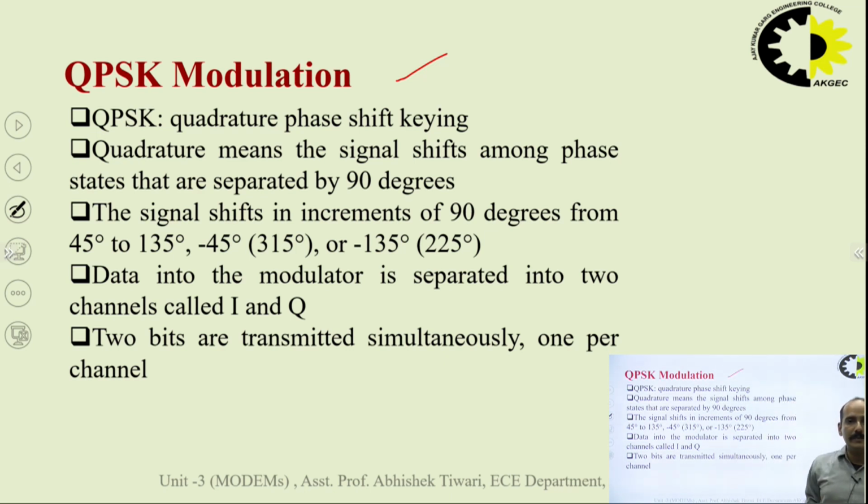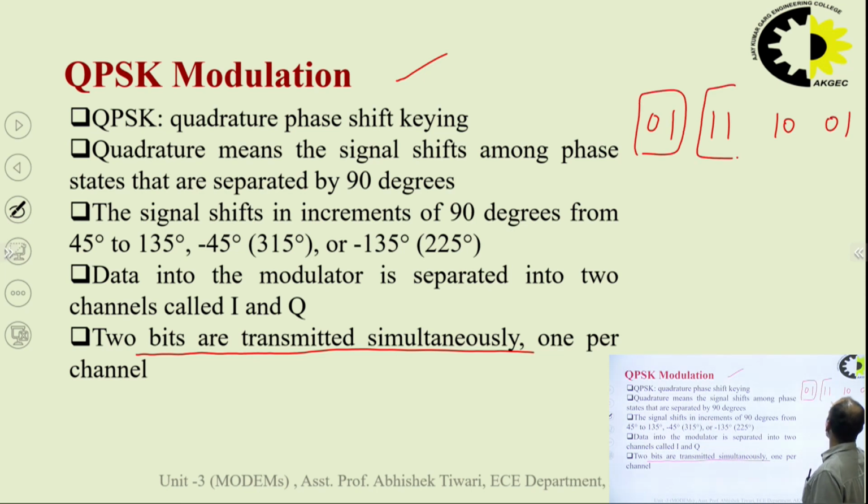So what is this QPSK? Basically QPSK is quadrature phase shift keying. This is a type of hybrid modulation also, but in this we are only taking the phase shifting part. The limitation of QPSK is that we are only transmitting 2 bits simultaneously, one per channel. Means if we have a signal 0 1 1 1 1 0 0 1, we are going to send these 2 bits simultaneously, one per channel.